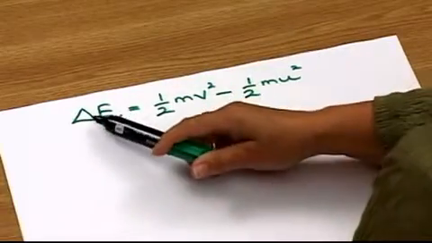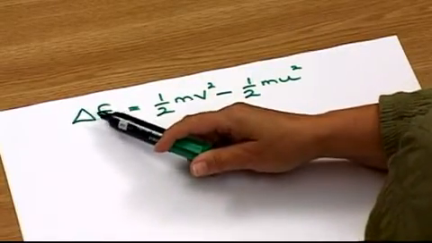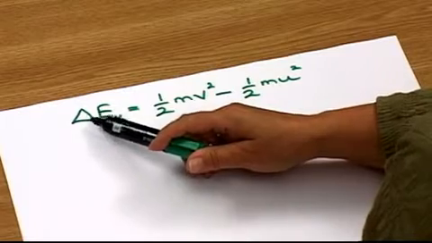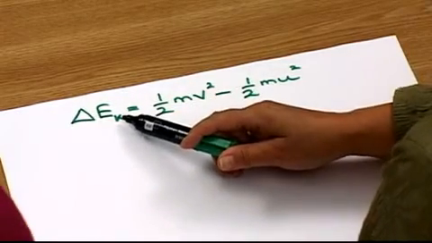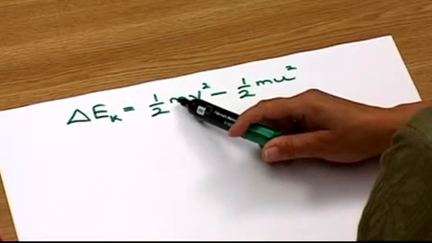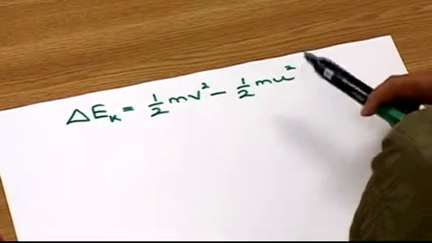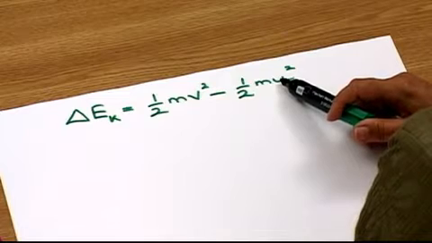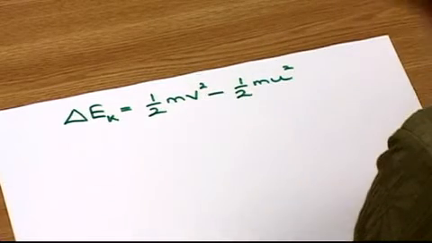Looks a bit horrible. The delta, like before, is a change in something. So, delta EK is a change in the kinetic energy of an object of mass m that increases its speed from u to v.